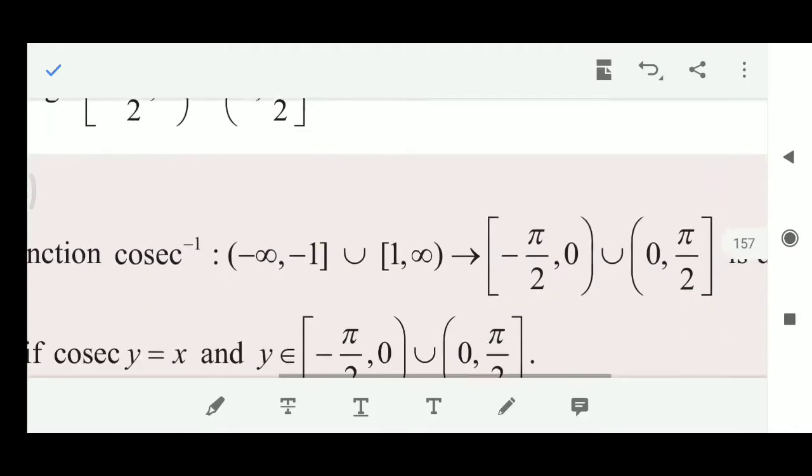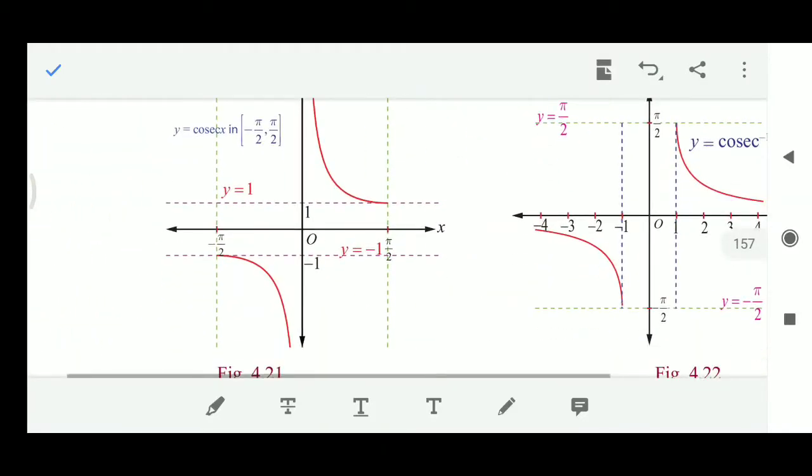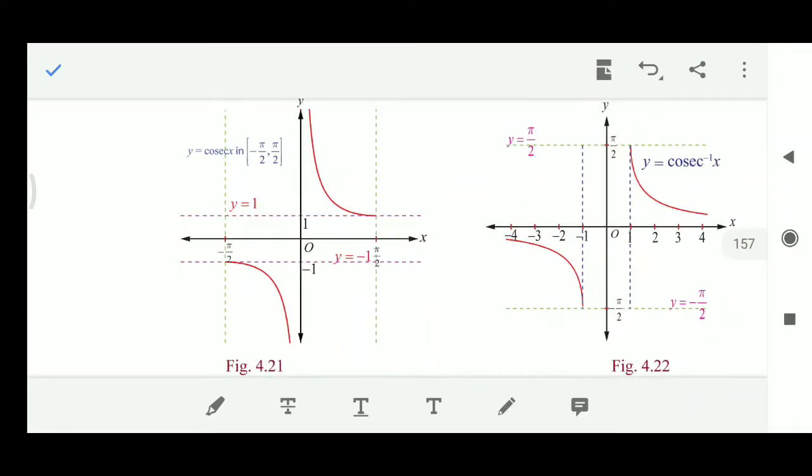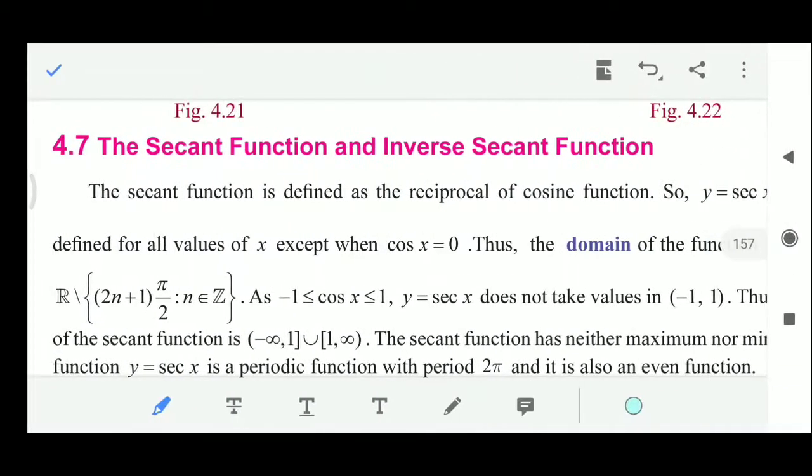Look at the graph here. This first graph denotes the graph of cosecant x to the restricted domain minus pi by 2 to plus pi by 2. Then the second graph is the cosecant inverse graph. The cosecant inverse of x for this restricted domain is the second graph.